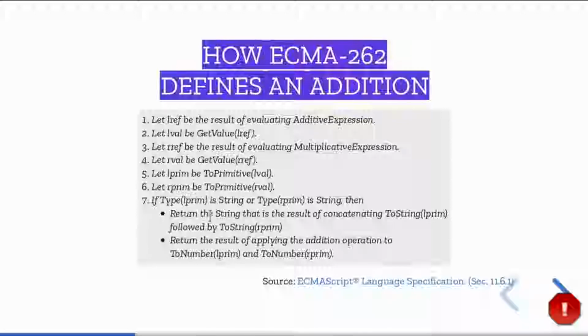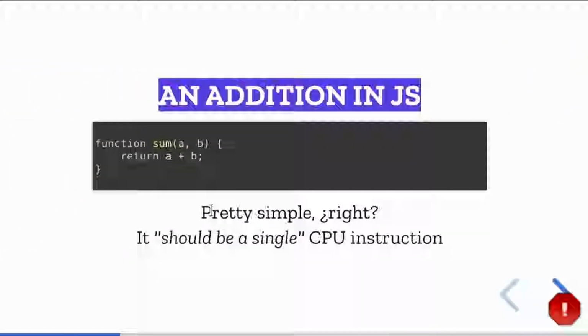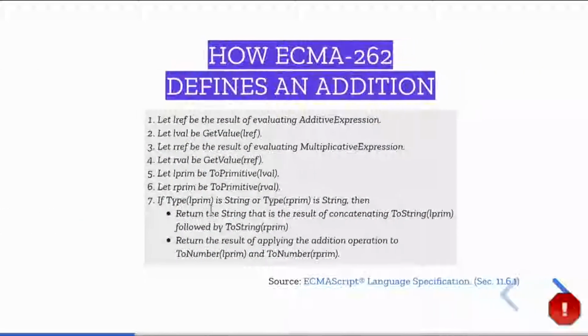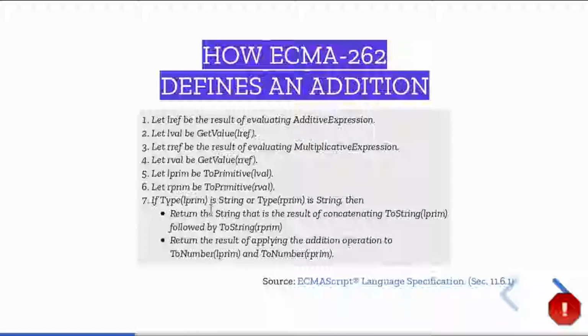If both values are numbers, it makes the addition. But if one of them is a string, it just concatenates the values. So all these steps are required just to make a simple addition. Something that should be one simple CPU instruction now became something like 8 instructions.